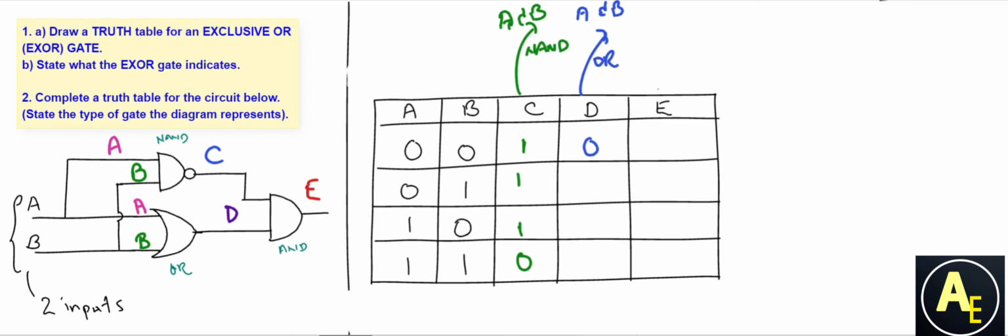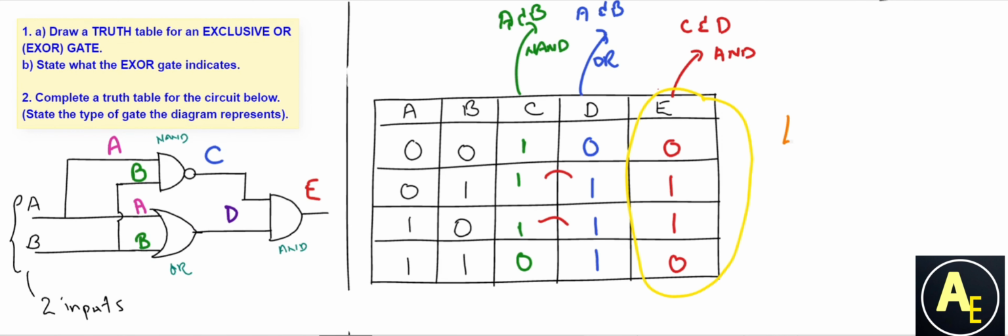Also, output D comes from the same two inputs A and B as it passes through an OR gate, the results of which are also shown. And finally, output E can be determined from outputs C and D, which now become the inputs for the AND gate at the very end. The results are synonymous to an XOR gate.